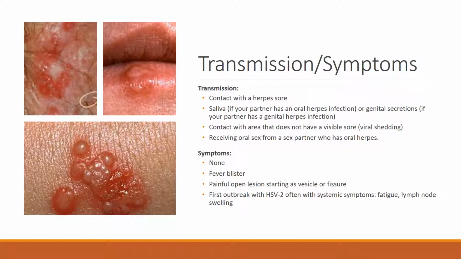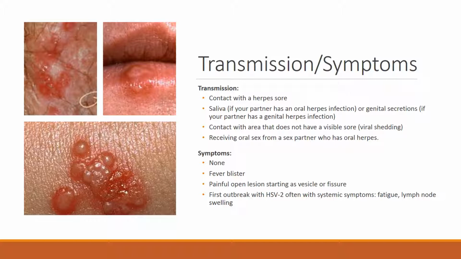And it is transmitted via contact with the herpes sore, saliva, or genital secretions if folks have an infection in the area. It can be contracted via contact even when the patient doesn't have a visible sore. We call that viral shedding, meaning the virus is living on that nerve cell and crawls up to the surface of the skin.